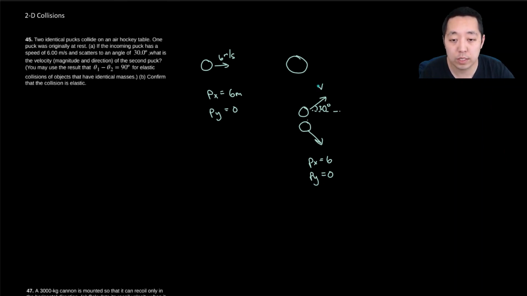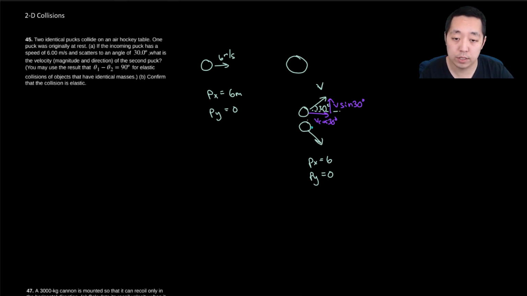Well, if this is moving at some velocity v, then the components in the x and y directions of this vector are going to be v cosine 30 degrees and v sine 30 degrees. And then we guess we'll have to use the result that this is 90 degrees.